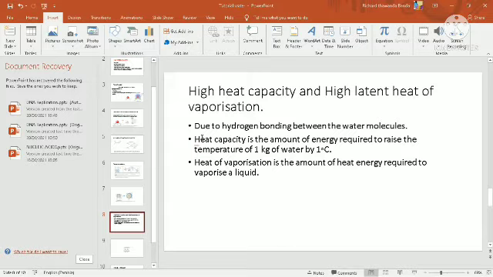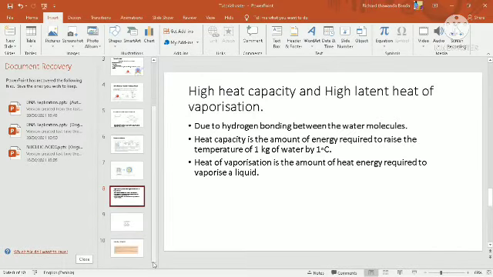Whereas it will have a high latent heat of vaporization due to the hydrogen bonding as well. When water is being heated up, those hydrogen bonds have to be broken before it can turn into steam. And those hydrogen bonds require a lot of energy to be broken up. And this is what gives water its high latent heat of vaporization.